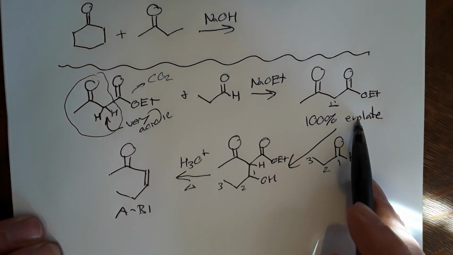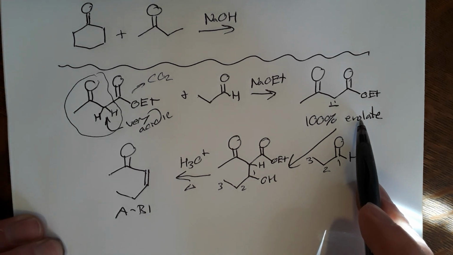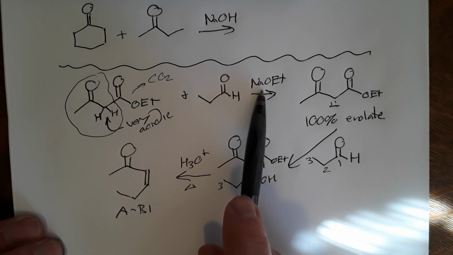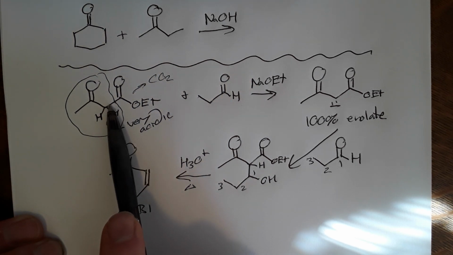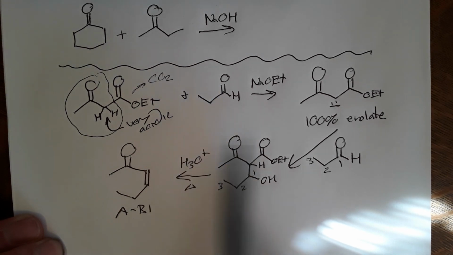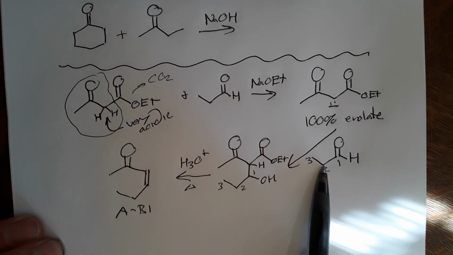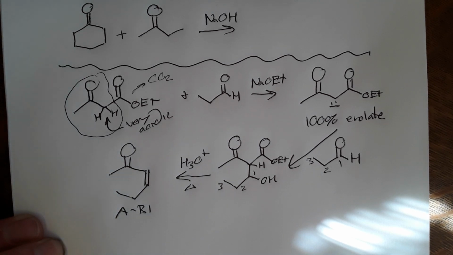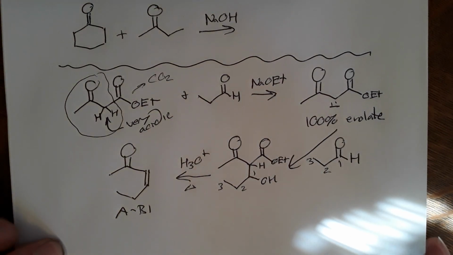Then we're forming 100% enolate, and if we add the base in there, all of the base reacts here, and there'll be no base left to even react with the aldehyde. And so even though potentially this could be in equilibrium with an enolate, it's not, because the base is all used up in forming the original enolate. So that's one way to deal with the problem.